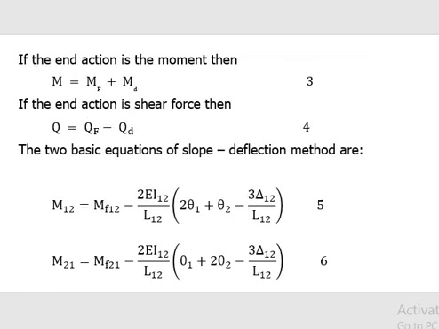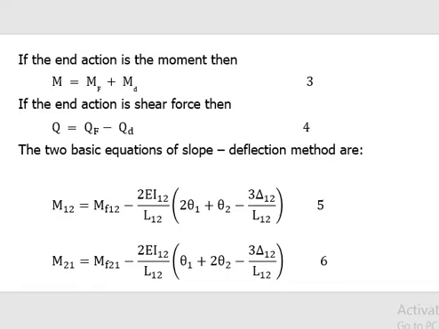If the end action is the moment, then equation 1 can be written as equation 3. We have M as the total moment induced on the support equals moment due to external applied load plus moment due to sinking or yielding of support. If the end action is shear force, then equation 1 will be represented as shown in equation 4.